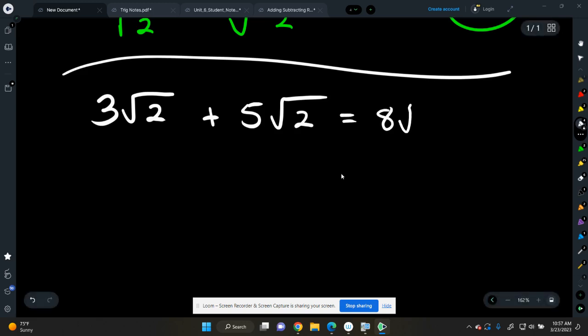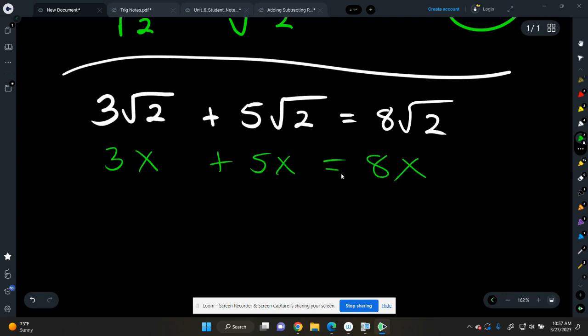This is the same thing that we would do if it was just an x. If I had 3x plus 5x, that equals 8x. Right?